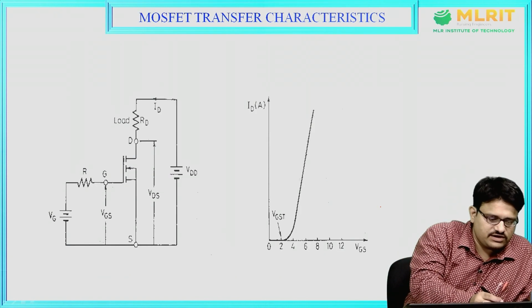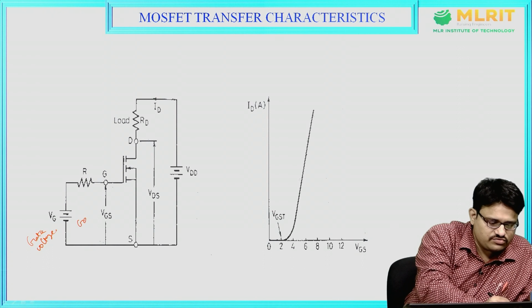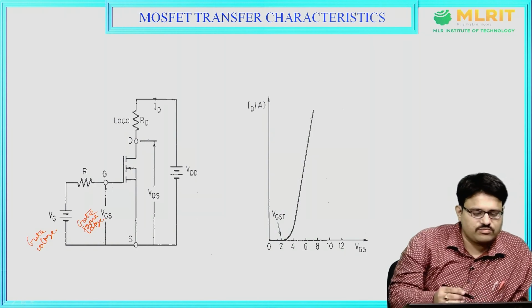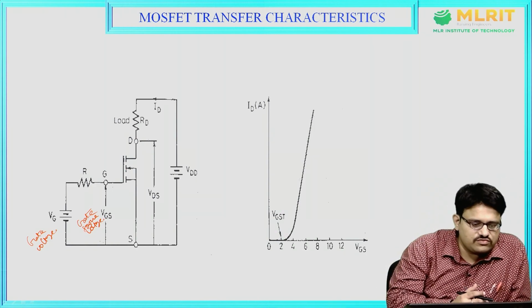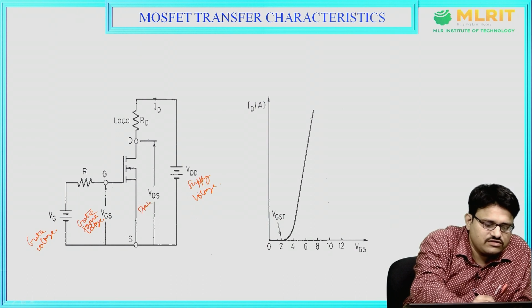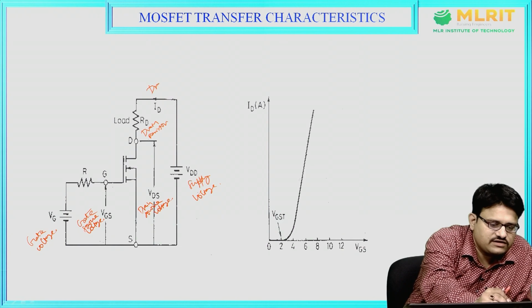Here the MOSFET power transfer characteristics. Here this is the gate voltage, and this is the gate source voltage. Here it is a load, an N channel power MOSFET. Here this is a supply voltage, here the drain source voltage, and this is a drain resistor and drain current.